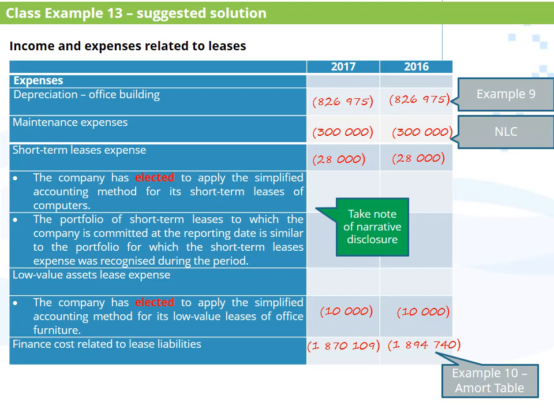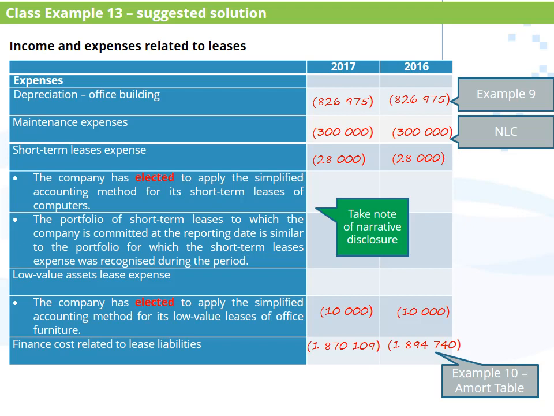Then the last thing that goes in this note is the finance costs related to lease liabilities, and this is in terms of the effective interest rate method. So in example 10, we drew up our amortization table, which showed us what interest needed to be accounted for in the SPLOKI for each of the years 2016 and 2017.